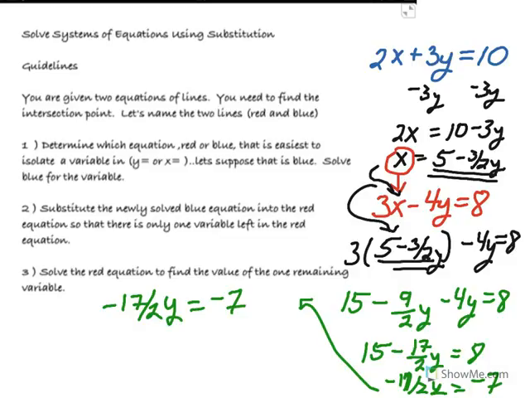We're going to multiply both sides by the reciprocal of negative 17/2, which is negative 2/17. And we get positive 14/17 is our y value. Please pause the video, copy this in your notes. Note that you could have changed these to decimals if the calculations were easier for you.